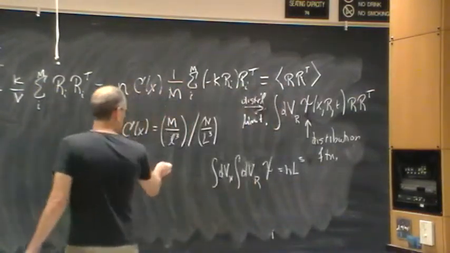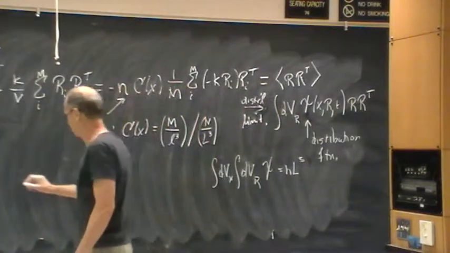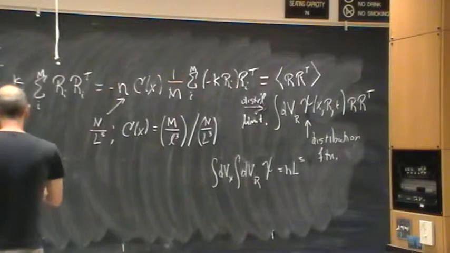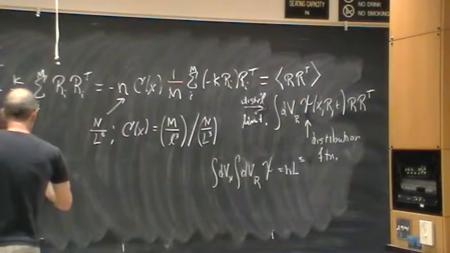Okay. So this I wrote as R R transpose and average. We're now going to replace the discrete average by a continuous average involving a continuous distribution function. So this I'm going to replace by an integral dV_R.